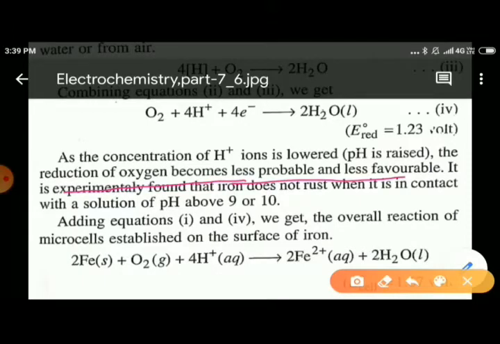It is experimentally found that iron does not rust when it is in contact with a solution of pH 9 to 10. So if the pH value is basic in nature, in the range of 9 to 10, at that time iron is unable to rust, means iron does not rust.